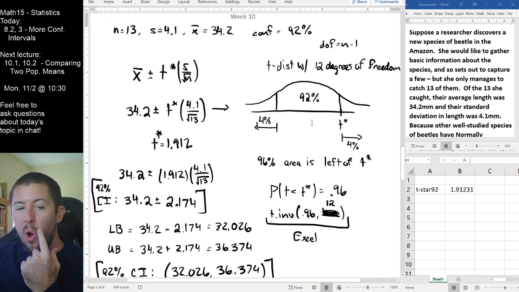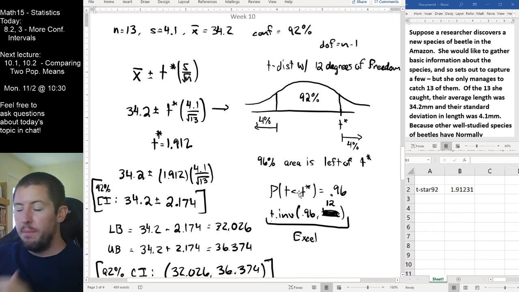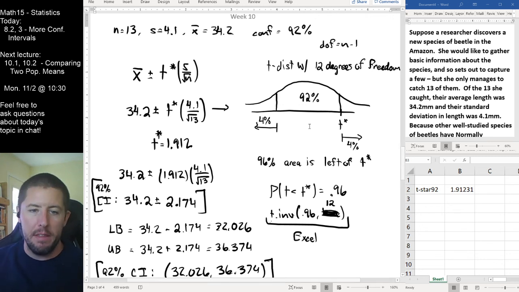So what's always the case whenever you're going to find any t star or z star value, either one, is that you can always close the gap between your percent confidence and 100 by half, and that will be the value of interest, because half of the remaining leftover probability is to the left. That's our 4% here, whereas half of our leftover probability is not to the left. That's our upper tail over here.